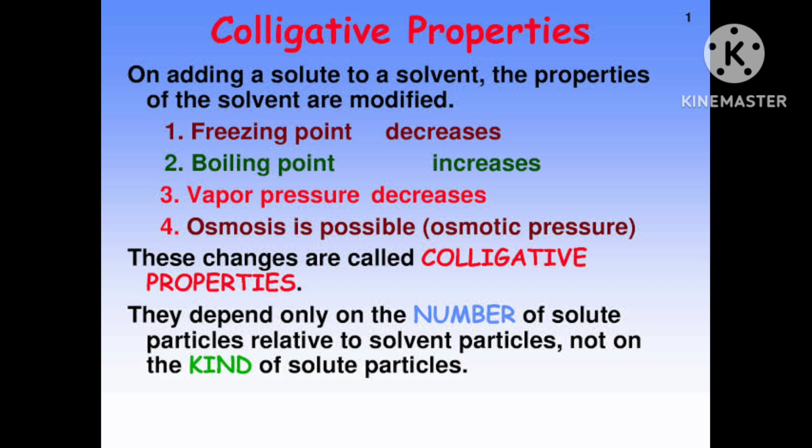Now in this delta P1, you know that delta P1, the lowering of vapor pressure, is P1 naught minus P1, and now you have to put the P1 value here.